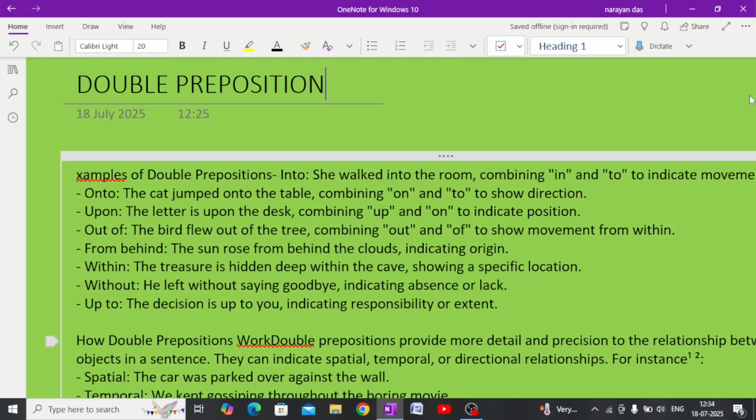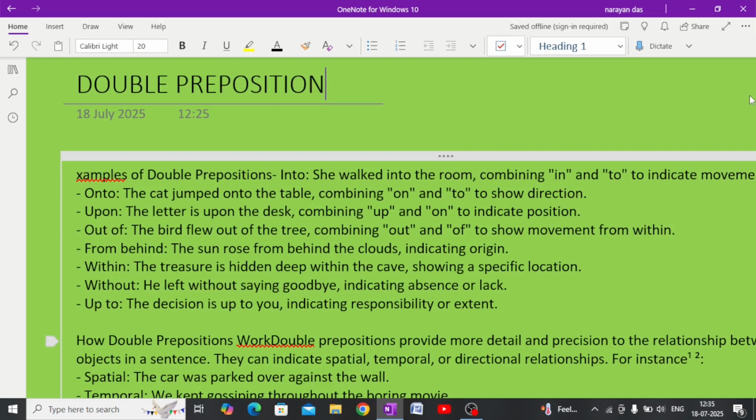So within also means within a certain confined area, certain location. Then without. It is just opposite to within. You can say, he left without saying goodbye, indicating absence or lack. Here he lacked the courteous remark goodbye.